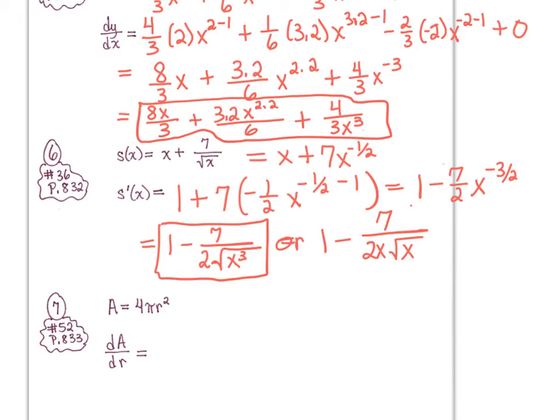Multiply, so you have 4 pi times, what's the derivative of r squared? 2r. 2r, good. So you have 4 pi times 2r, which gives you what? You got it. Good. 8 pi r. That's your final answer. What questions do you have?